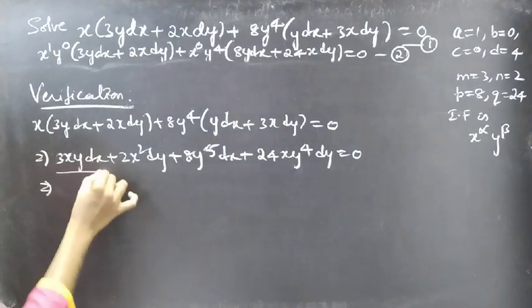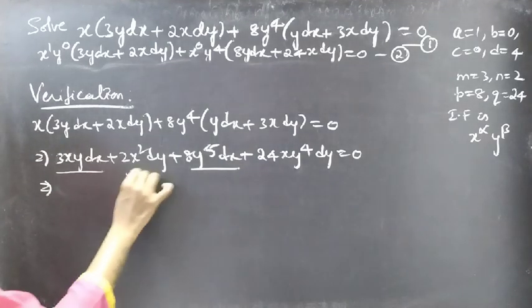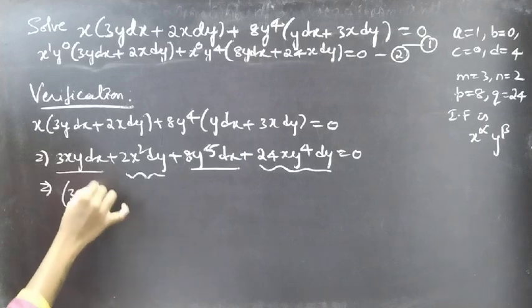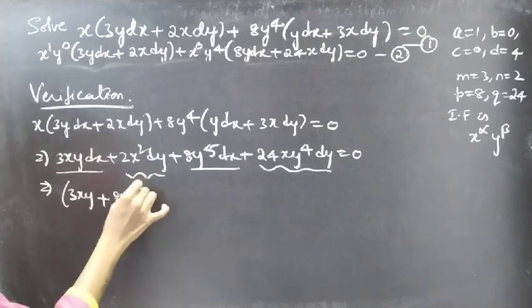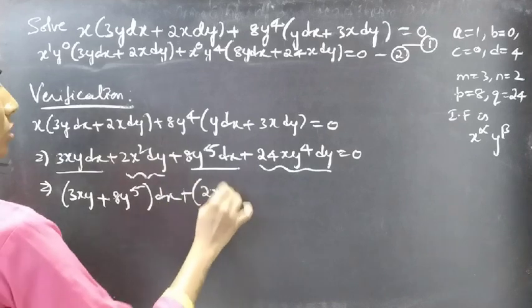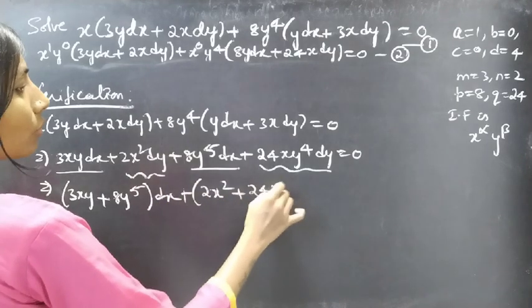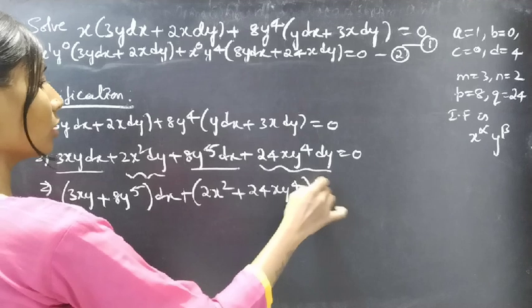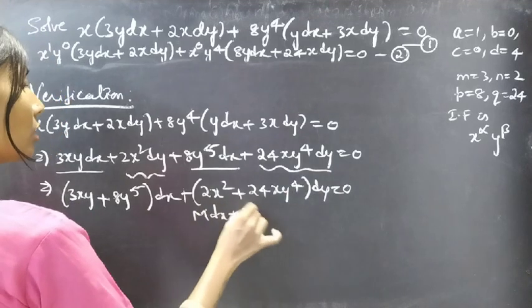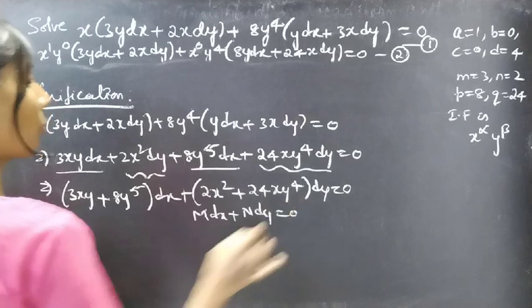Now let's take dx common from these two terms and dy common from these two terms. We'll get (3xy plus 8y power 5) into dx plus (2x square plus 24xy power 4) into dy equal to 0, which is of M dx plus N dy equal to 0 form, right?